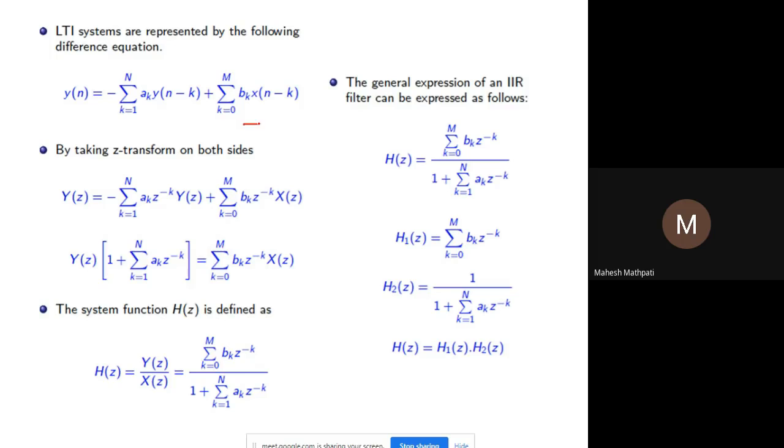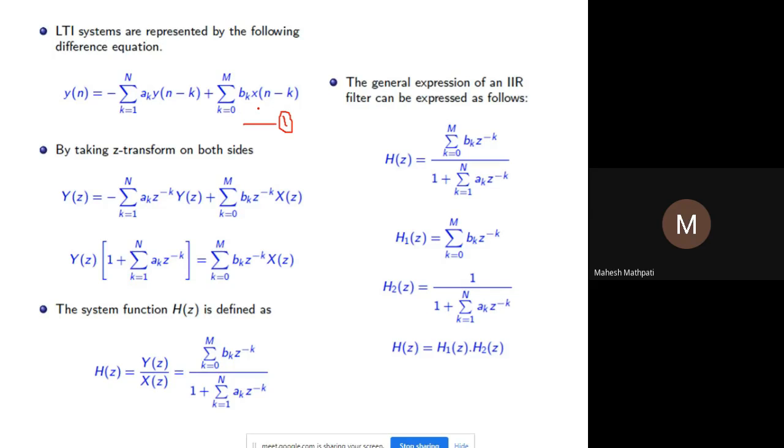Call it equation 1. y of n equals minus the sum from k equals 1 to N of ak y of n minus k, plus the sum from k equals 0 to M of bk x of n minus k.